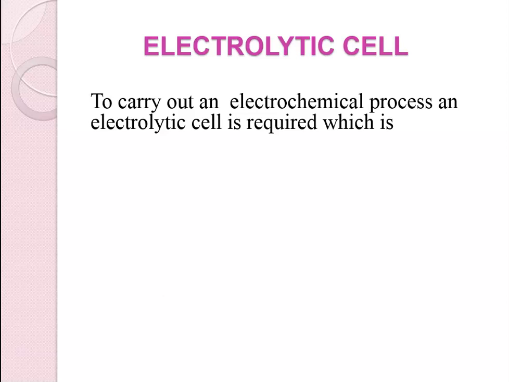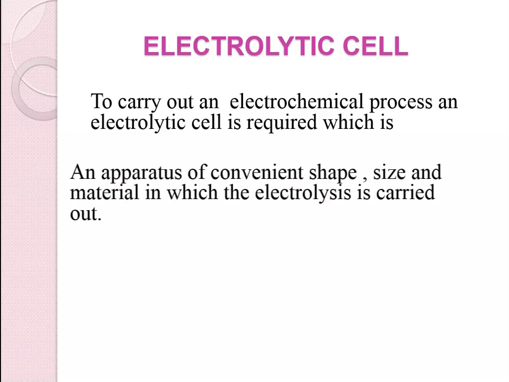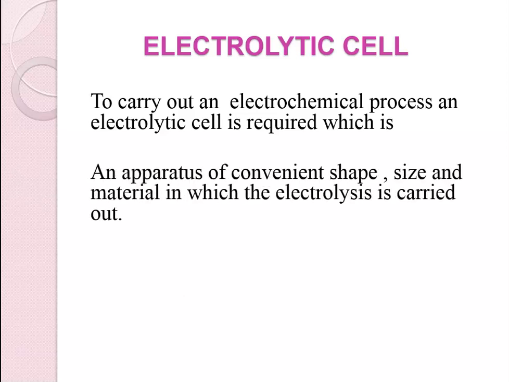An electrolytic cell is a container in which you carry out an electrolytic process. It can be of any shape, any size, and any material. The design of an electrolytic cell depends upon the kind of reaction happening in the cell and the nature of the products formed during the process.